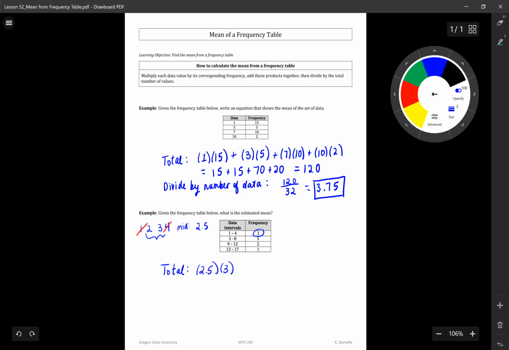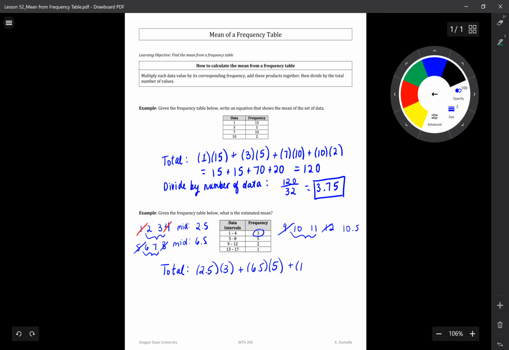I have another interval now, 5, 6, 7, 8. And again, I have to find the average of 6 and 7. My midpoint is 6.5. So I take this 6.5 and multiply it by its corresponding frequency, which is 5. And then I have my next interval, 9, 10, 11, 12. Find the average of the middle 2, which is 10.5.